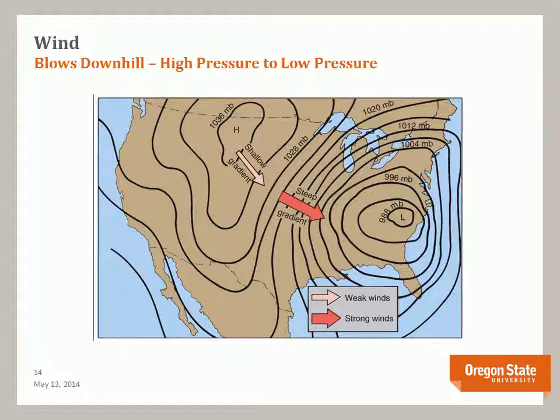This diagram shows two arrows which are at 90 degrees to the contour lines. There's a shallow gradient and relatively weak winds around the high pressure area. Near the Mississippi, the gradient steepens and the winds become stronger into the lower pressure area.